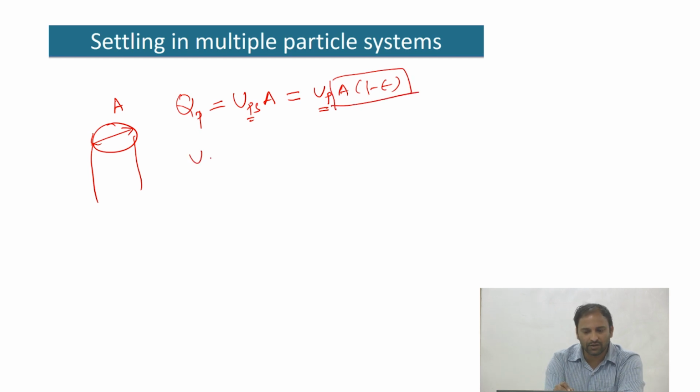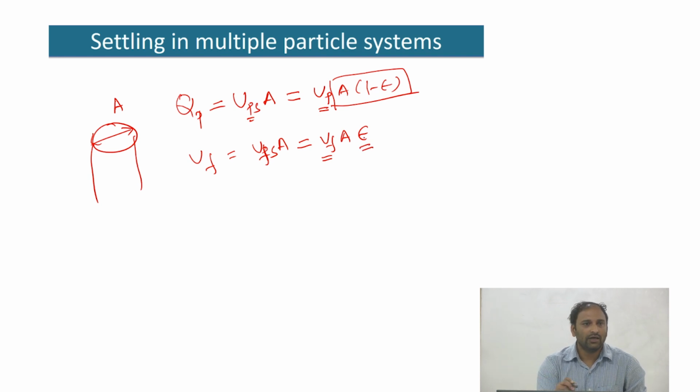Now similarly for the fluid, it's U fluid superficial times A, and that should be equal to U of F into A times epsilon, because epsilon is the liquid fraction. Therefore, in any fluid-particle system, if you consider the entire cross-sectional area in the calculation of your velocities, that is what is called a superficial velocity.